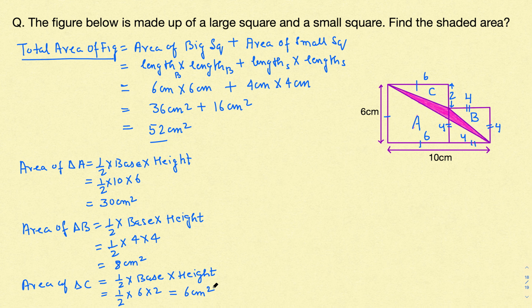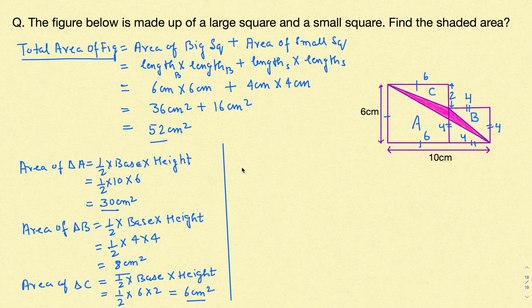So now we have got the area of all three triangles, A, B and C, which is 30 cm square, 8 cm square and 6 cm square. So from here we need to add up the total unshaded area, so that we can subtract it from the full area of the figure, so that we can get the shaded area.